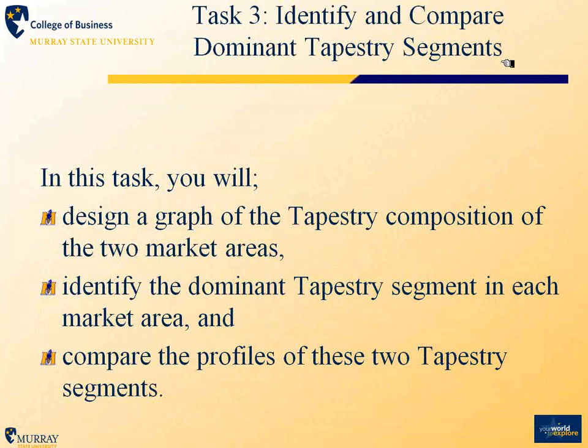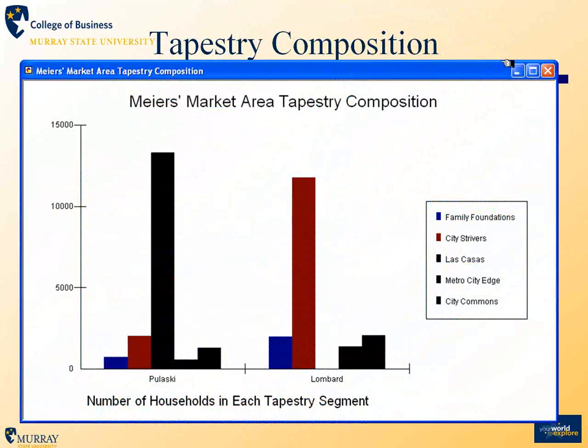In Task 3, you will focus more on the tapestry segmentation dimensions of this problem by graphing the tapestry segments that make up the majority of both markets, comparing those, and then trying to determine the differences between the tapestry segmentation characteristics of the two stores.